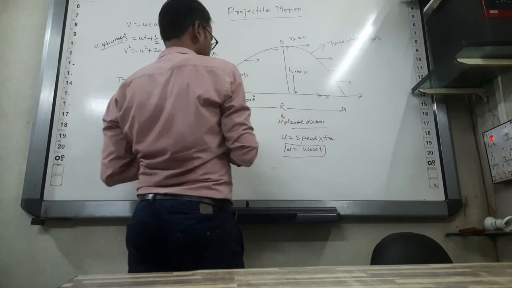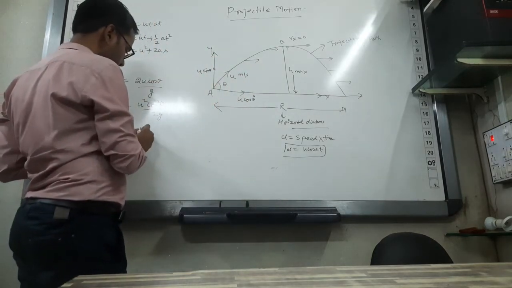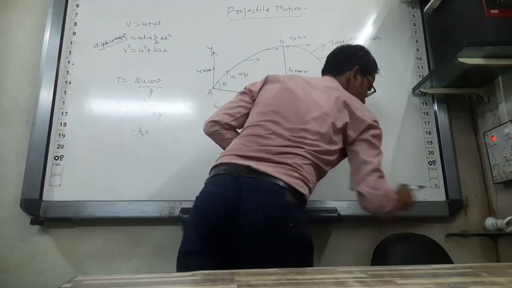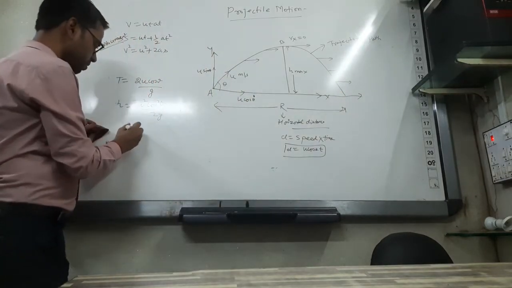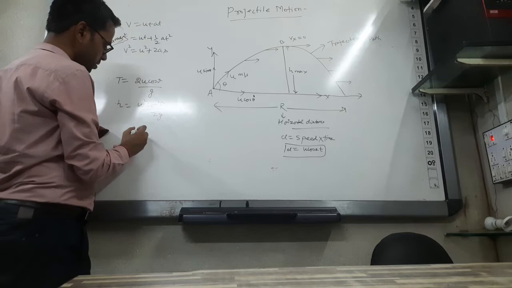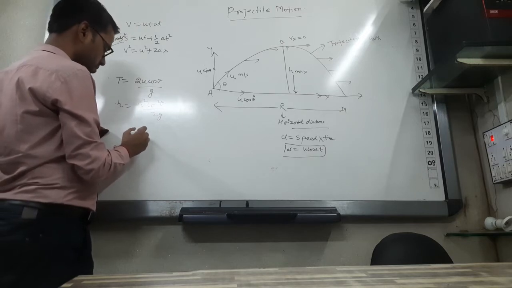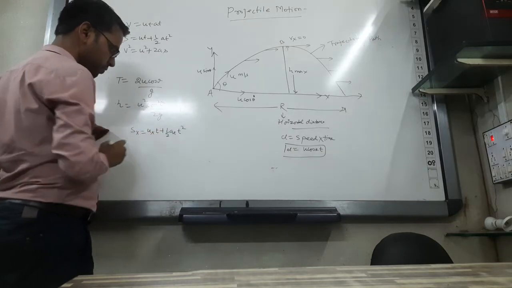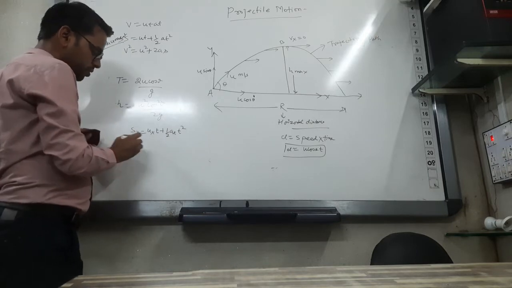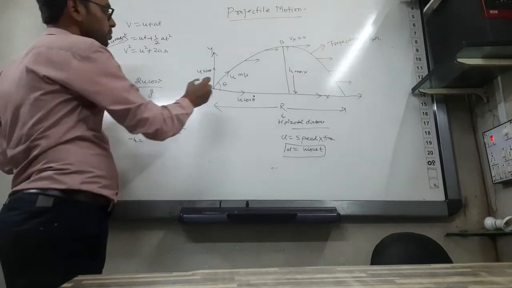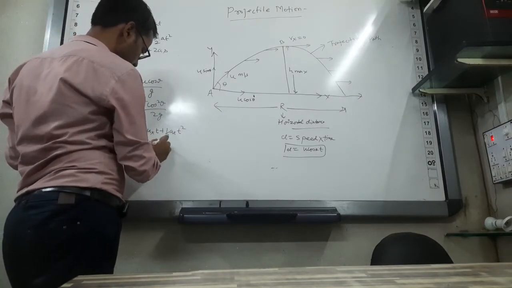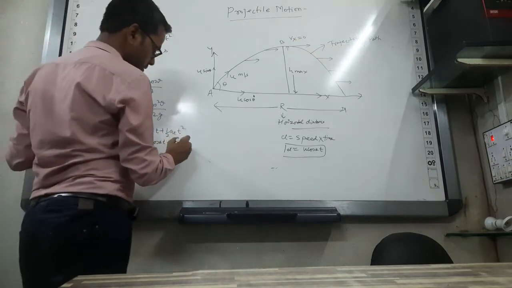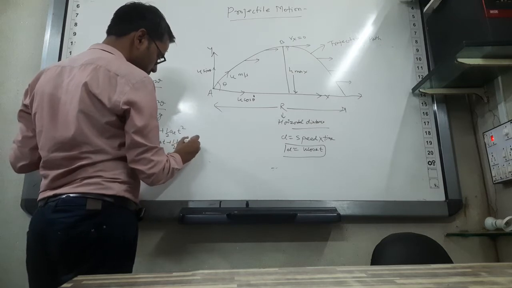Suppose we take here y equal to ut plus half at square, where y is minus h, and uy equal to u sin theta into t, and a equal to minus g, into t square.